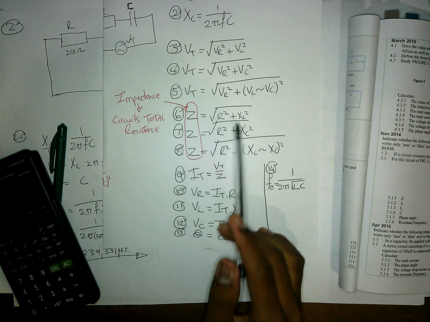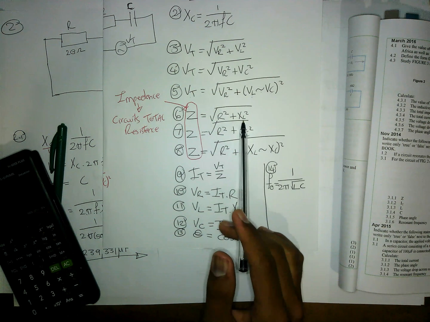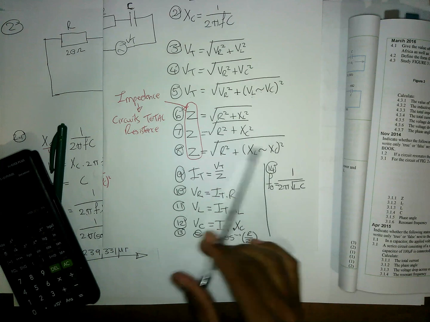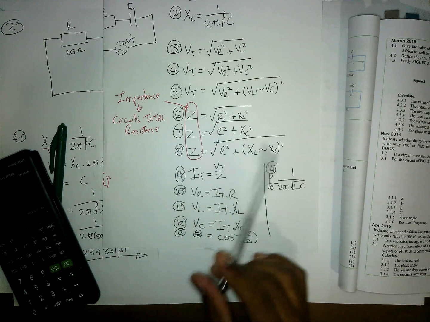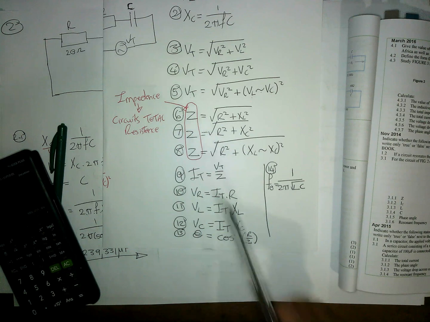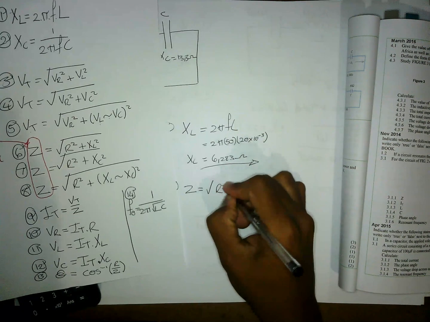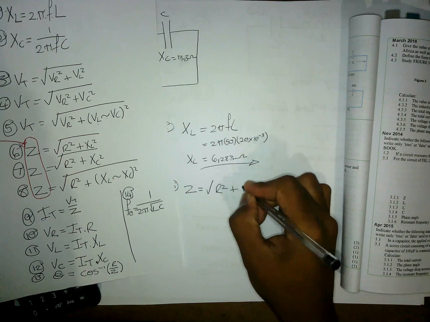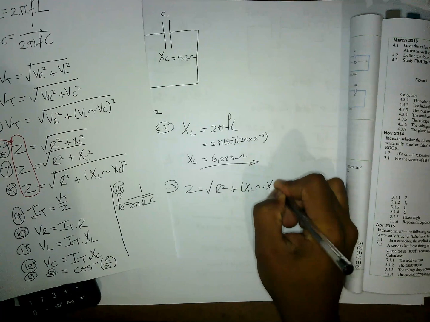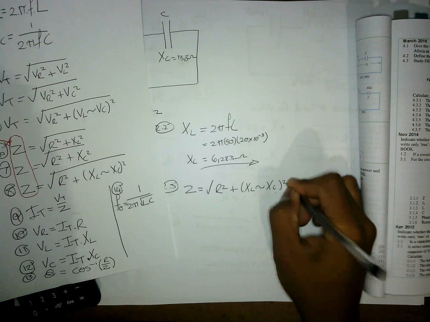It's not just a two-component circuit, it's a three-component circuit. So I look to this big one, and for impedance the formula is R squared plus my XL, the total symbol, XC squared.